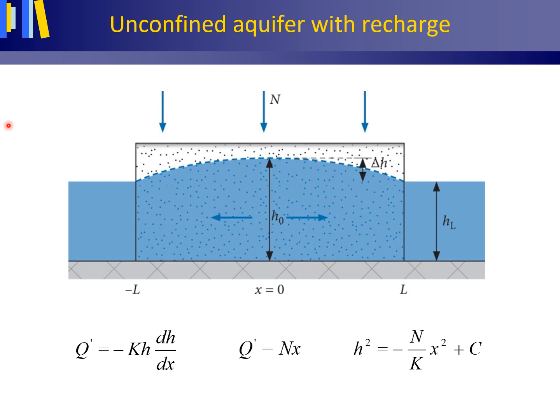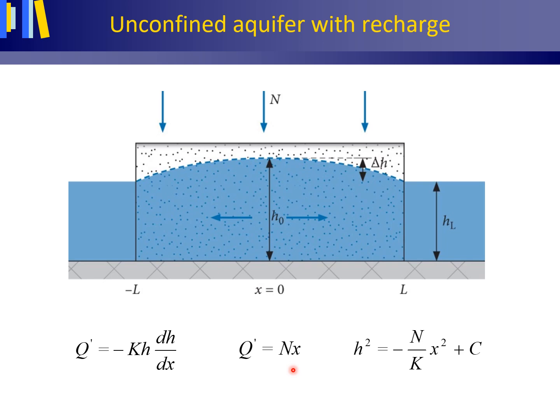Again, we may combine Darcy's law for unconfined groundwater flow, taken as horizontal, as stated here, with the continuity equation for a recharge situation, Q' equals N times x, where N is the recharge rate or precipitation surplus in meter per day, and x is the horizontal distance in meter.